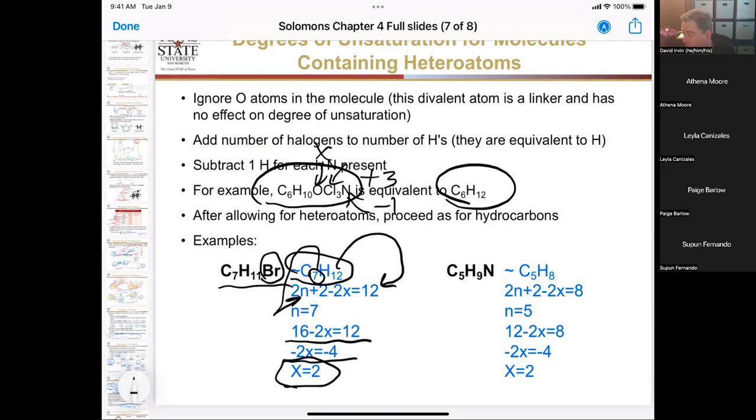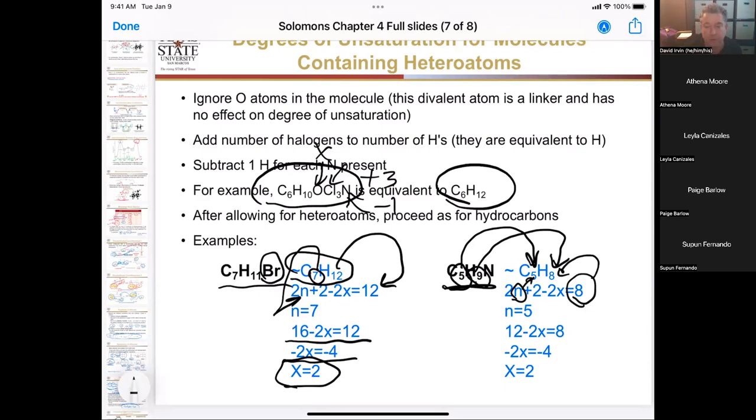Let's do it one more time with N here. We have a nitrogen. So nitrogen, we have to subtract 1 from our system because nitrogen bonds 3 times, which takes our 5 is the same, our N is the same, but our hydrogen goes from 9 to 8 because we had to subtract 1. So our N is whatever our carbon is, and the number on this side is whatever our reduced, calculated hydrogen number is.